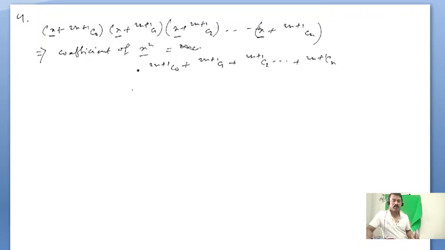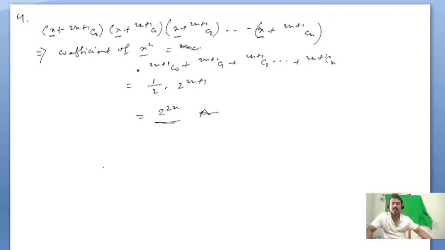Okay, so we get 2 to the power 2 plus, that is 2 to the power 2. This is our answer.